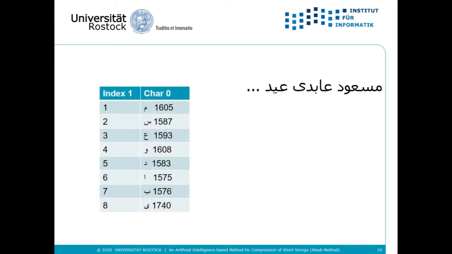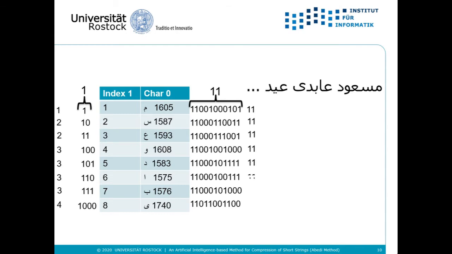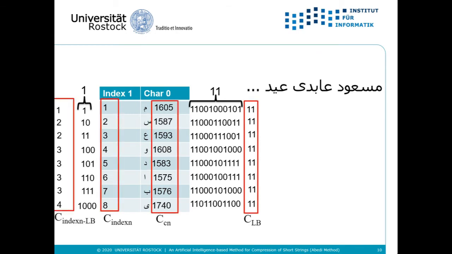The algorithm inserts the characters into the table and considers their binary numbers in addition to the binary numbers of the indexes. So we have 4 types of strings. In this example, Cn shows the new characters, Cindex shows the indexes, Cindex NLB is the binary length of indexes, and CLB is the binary length of the characters.